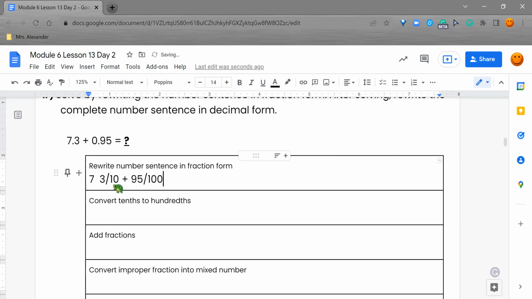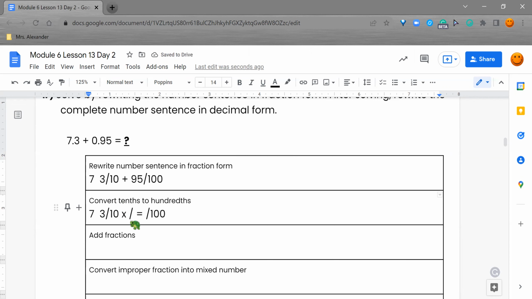And the first thing I see is that I've got two denominators that aren't the same. And I've learned that in order to add fractions, I need a common denominator. So I'm going to bring down my 7 3/10, and I'm going to multiply it by some number to equal some number over 100.